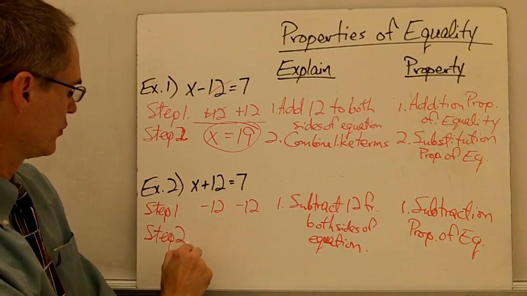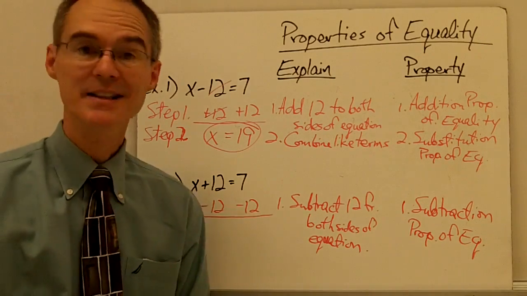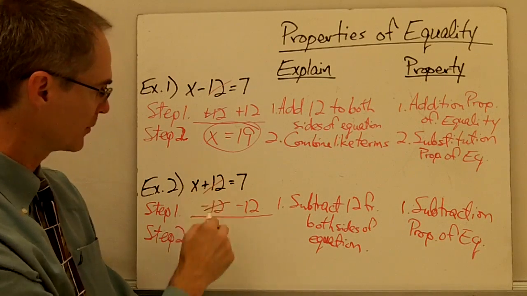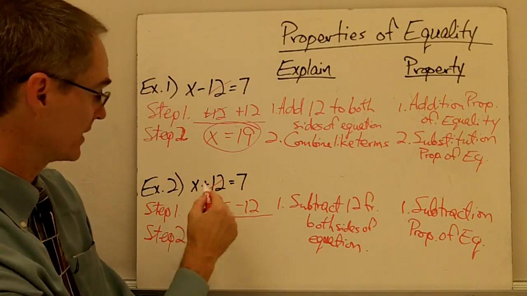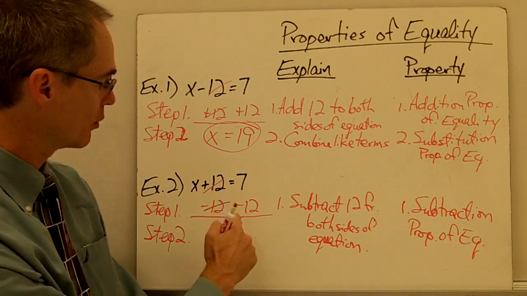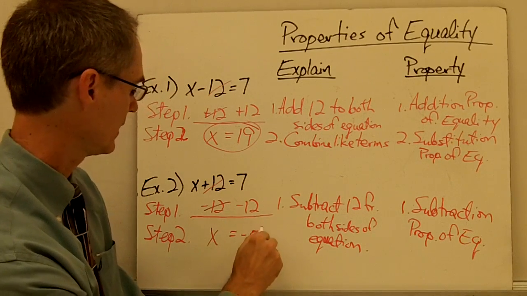My step number 2 in solving this equation is again to collect my like terms, that is my positive 12 and negative 12. I'm going to combine those terms, and they essentially combine to 0, so my positive 12 and negative 12 go away. I'm going to combine 7 and negative 12, which gives me a negative 5.